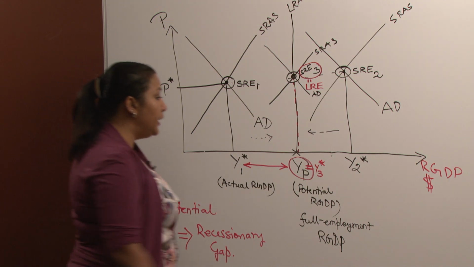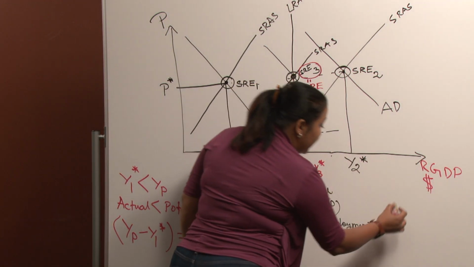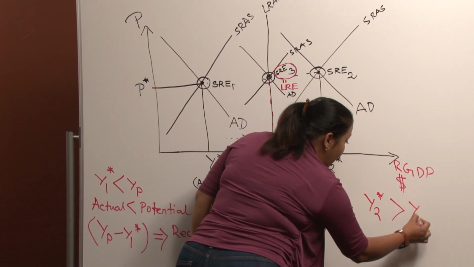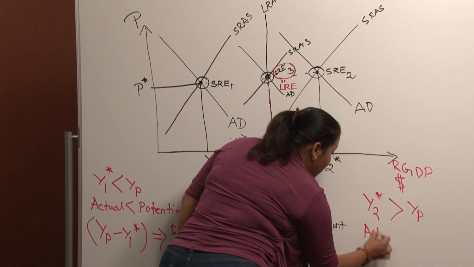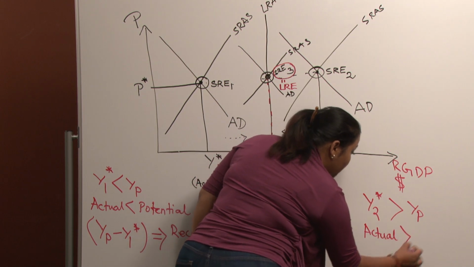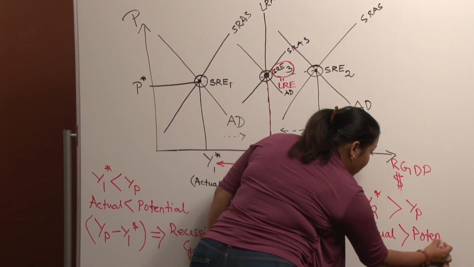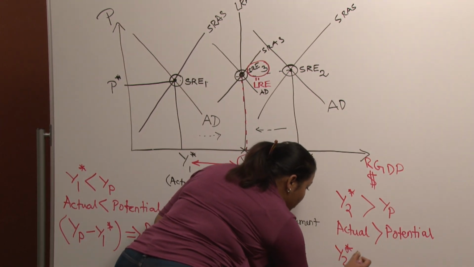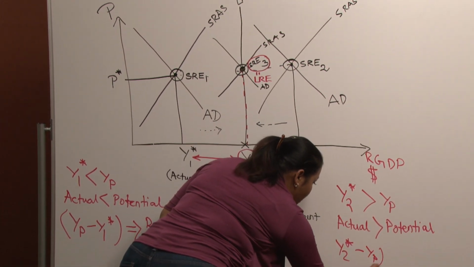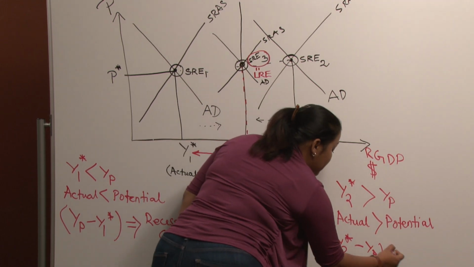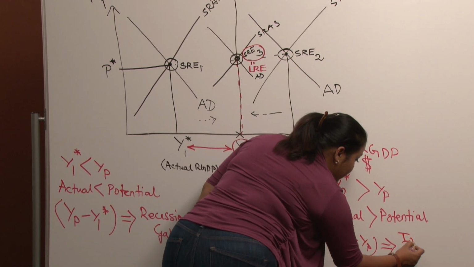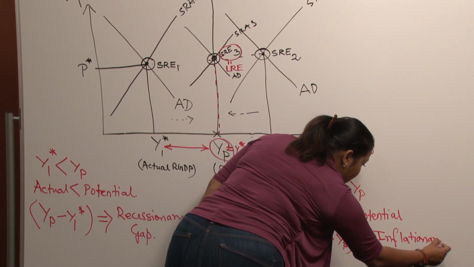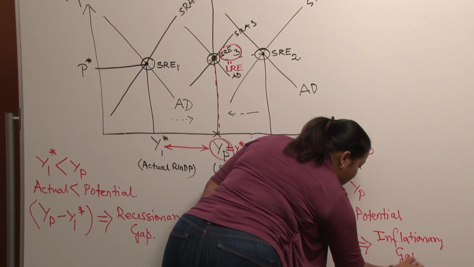Okay. Alternatively, if you have a situation where your Y2 star is greater than YP, that means the actual real GDP of the economy is greater than the potential, then the output gap, Y2 star minus YP, is known as an inflationary gap. Okay.